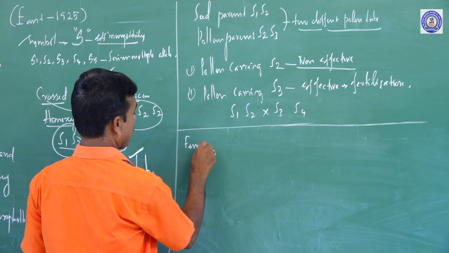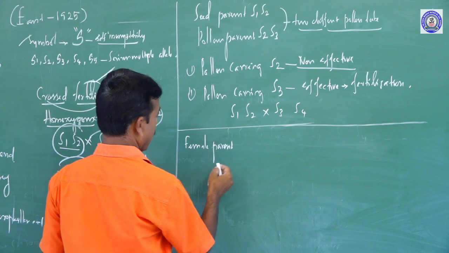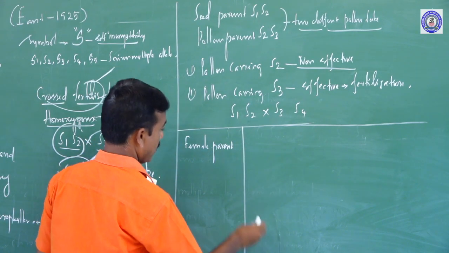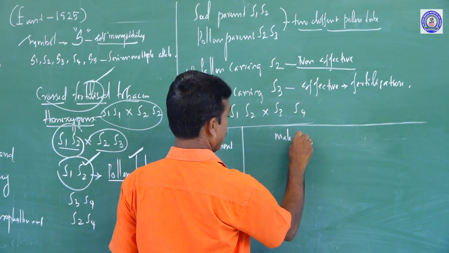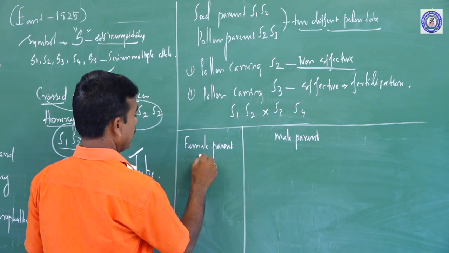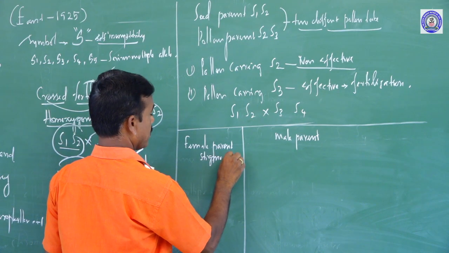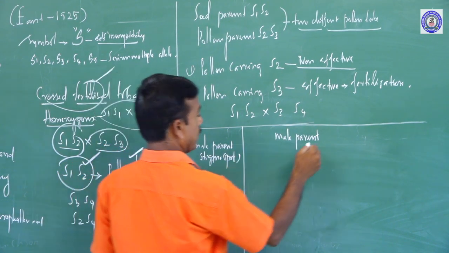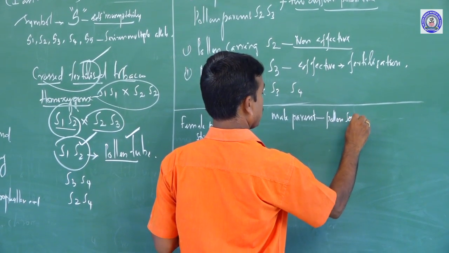Here is the female parent, the stigma spot, and there is the male parent, the pollen sources.